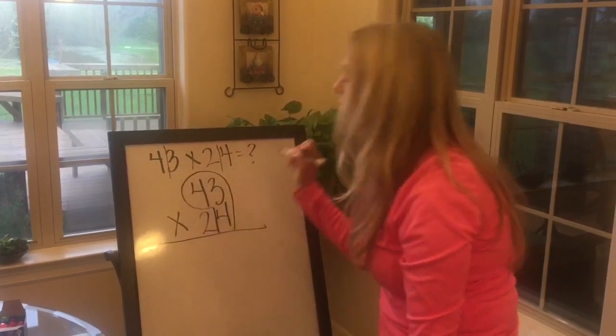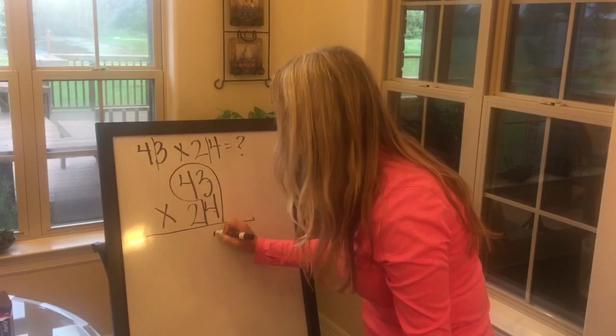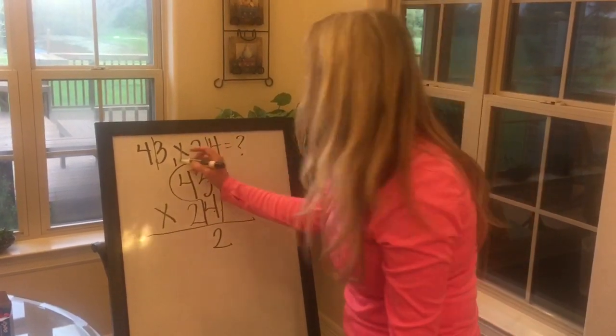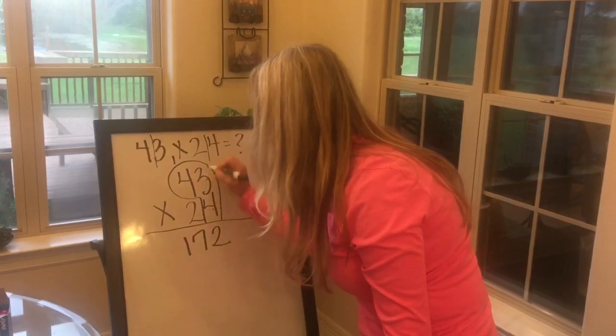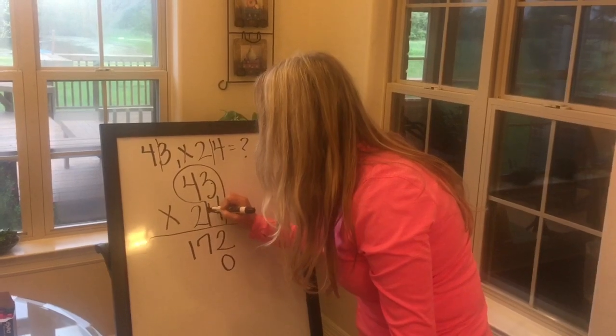Okay, I still want you to put your turtle head on just to keep your column straight. 4 times 3 is 12. Carry your 1. 4 times 4 is 16, plus 1 is 17. Drop your 0 because you just multiplied the ones column.